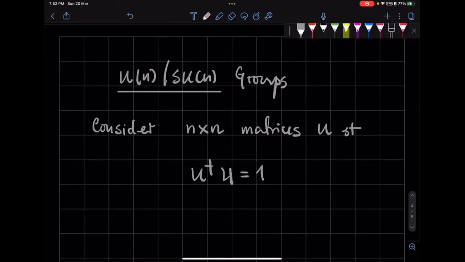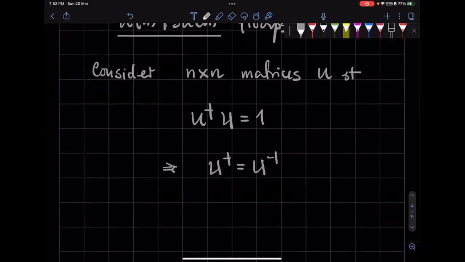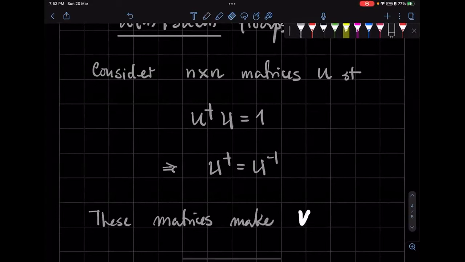That means that U dagger is equal to U inverse. These matrices make the UN group.